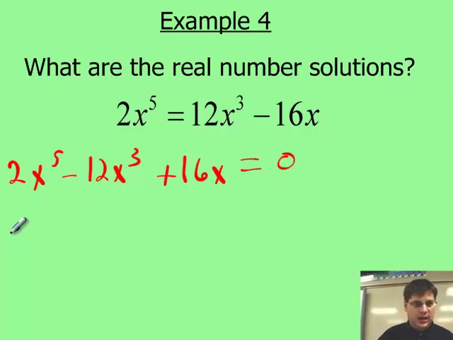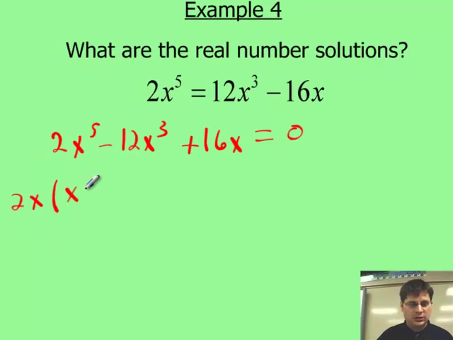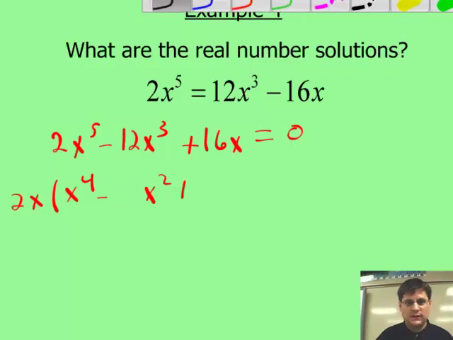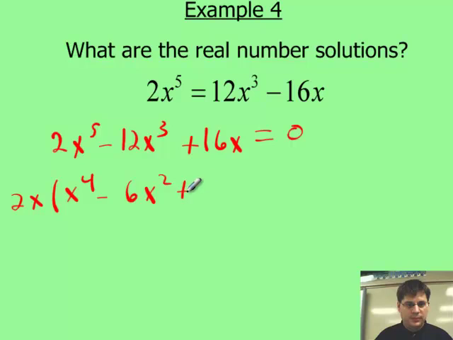Next, GCF. I can pull out a 2x, which will leave me with x to the 4th minus, except it won't be 12, it will be 6x squared, plus 8 equals 0.